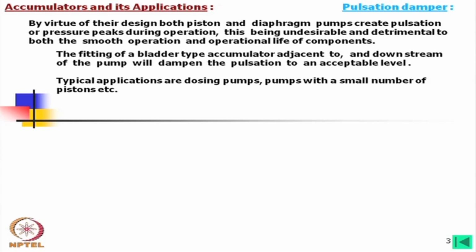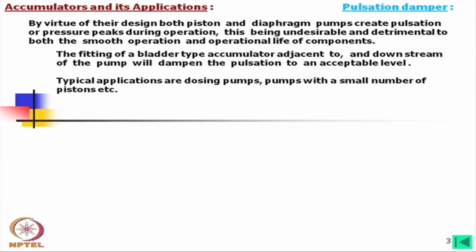Typical applications are dosing pumps, pumps with a small number of pistons, etc. As you have learned earlier, a small number of pistons has higher ripple, and in most cases, particularly in cylindrical pistons, you will find that these numbers are odd to reduce the ripple, and very common are 5, 7 and 9.